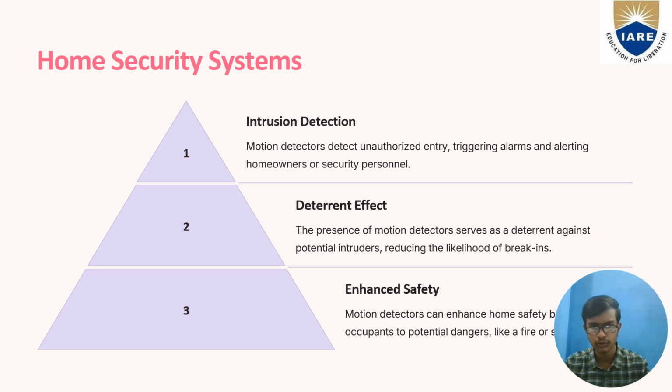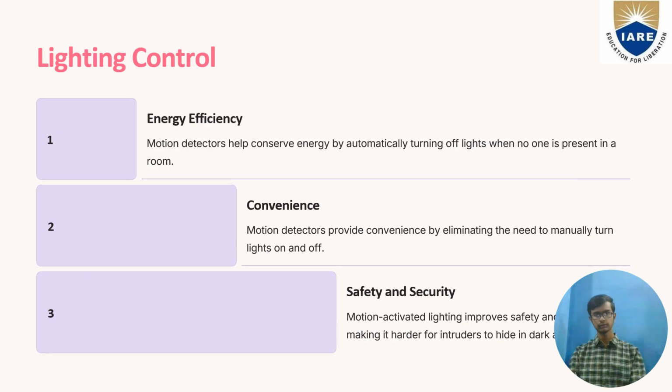The presence of motion detectors serves as a deterrent against potential intruders, reducing the likelihood of break-ins, and provides enhanced safety. So these are the things we must know, or most of us already know, about home security systems.